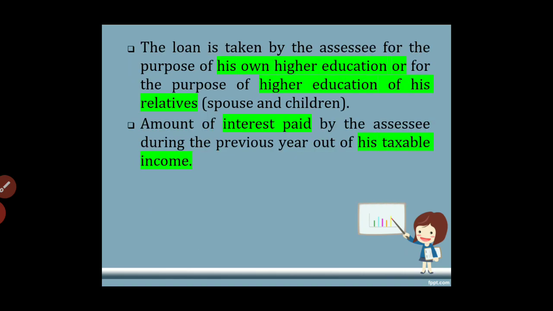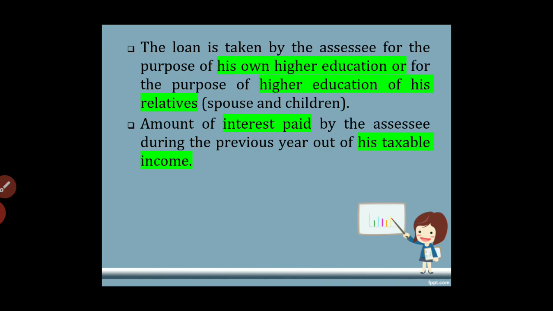Next condition, the loan is taken by the assessee for the purpose of his own higher education or for the purpose of higher education of his relatives, and who are relatives, spouse and children. Students, try to understand. કાં તો એ વ્યક્તિએ પોતાના હાયર એજ્યુકેશન માટે આ લોન લીધેલ હોવી જોઈએ, અથવા તો એમના રિલેટિવ્સ એટલે કે એમના સ્પાઉસ એટલે કે લાઈફ પાર્ટનર અથવા તો એમના ચિલ્ડ્રન માટે હાયર એજ્યુકેશન લોન લીધેલ હોવી જોઈએ.